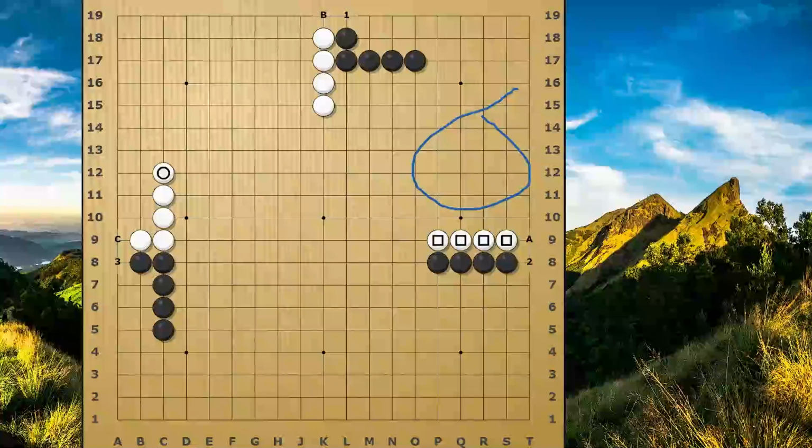If you're threatening to do something bigger than your opponent can do, then it's sente. If the value of the follow-up is bigger than the value of your opponent's move, that's sente.